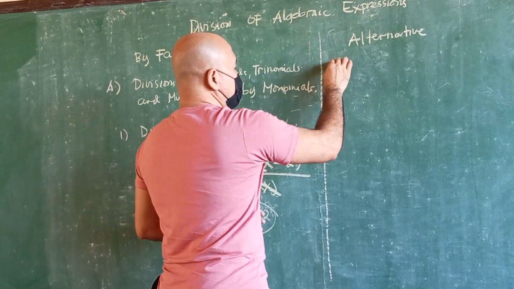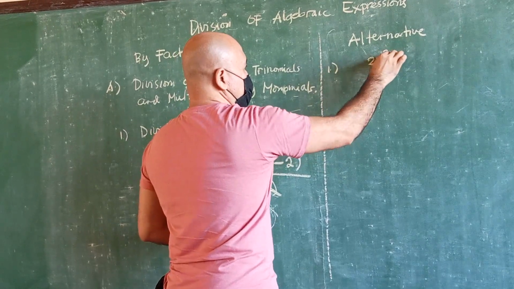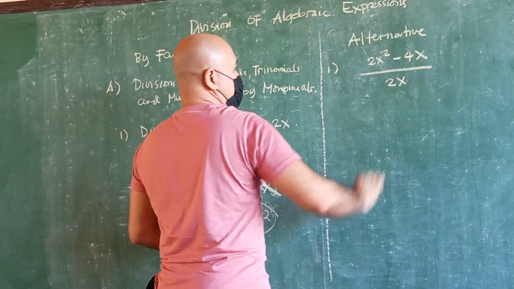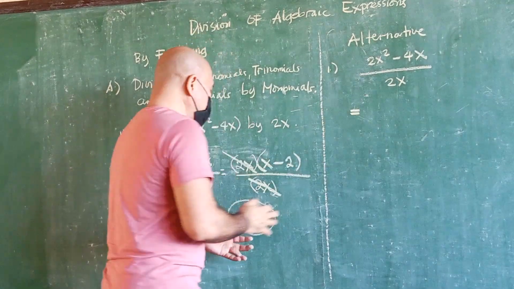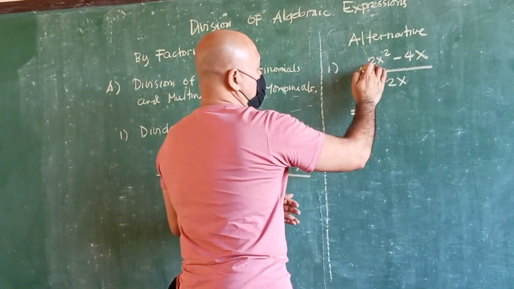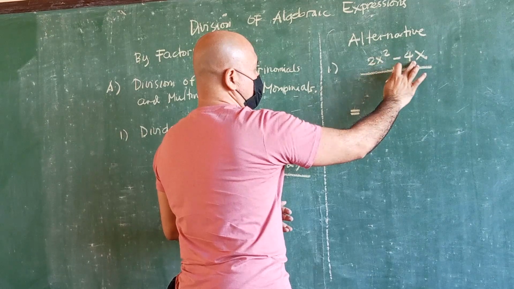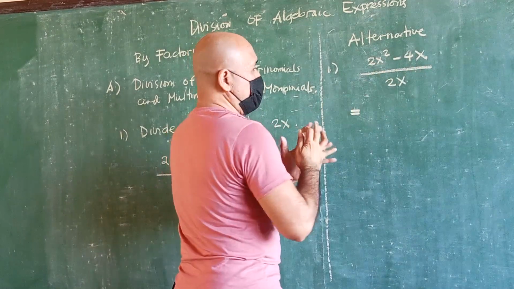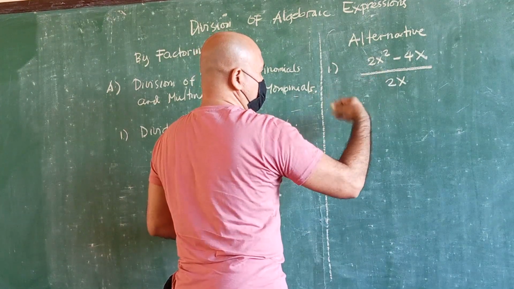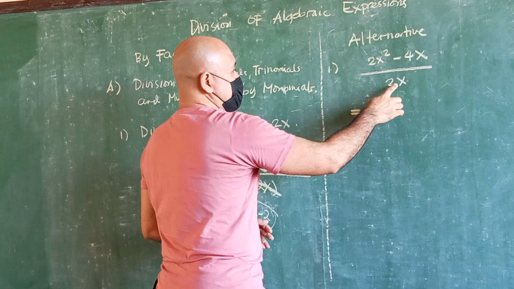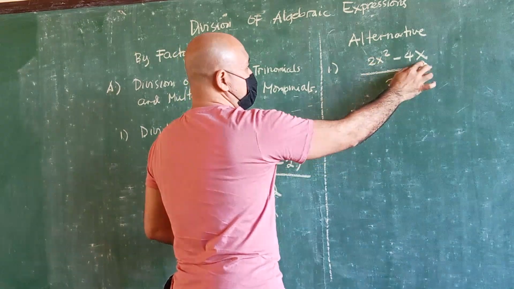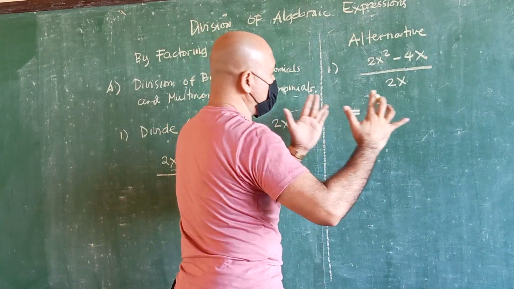So the alternative is that for the 2x squared minus 4x over 2x, if you cannot apply the factoring method, you can also do this one. Just simply break the numerator into two fractions. Just simply distribute 2x as the denominator of 2x squared and the denominator of 4x. Break this into two fractions.